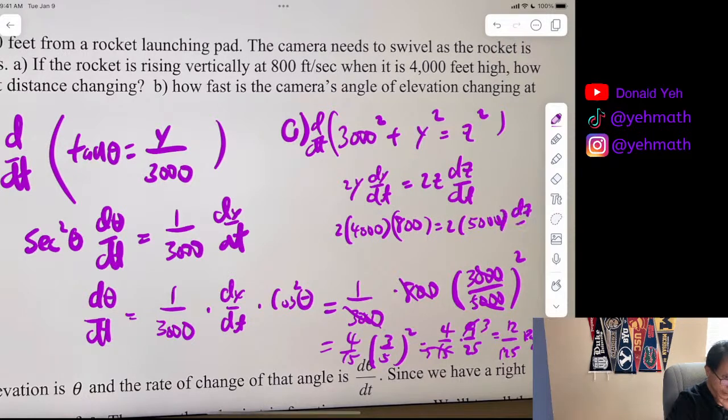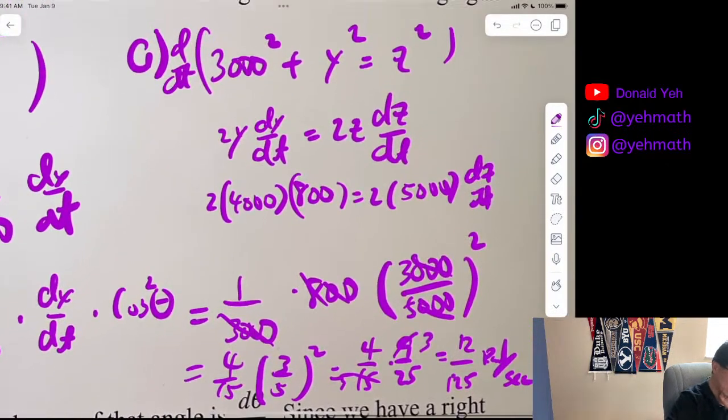So I can go back to evaluate this. We can cancel out the zeros. That's going to be 2 times 4 times 800 over 10 times dz dt.